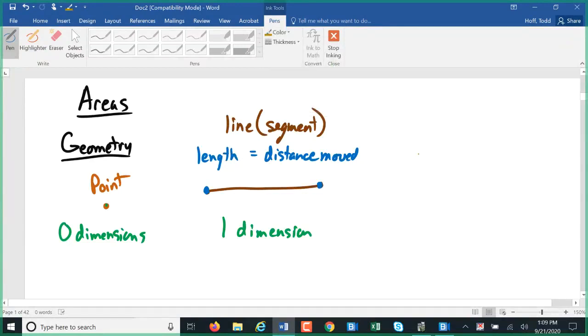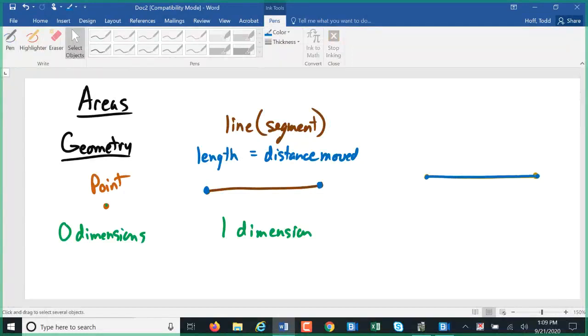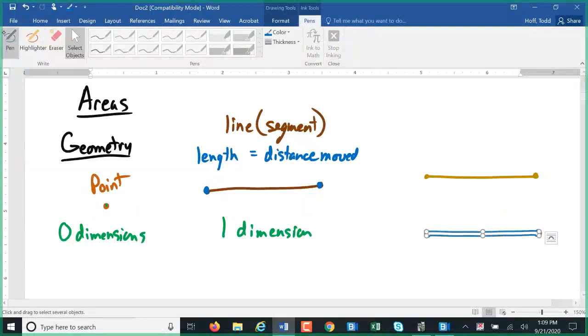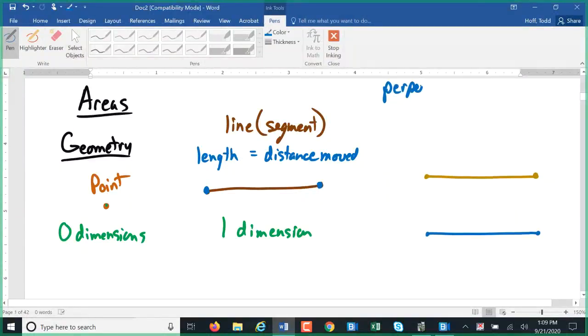Now we can take that line segment and we can move it again in a second direction. Now, the second direction has to be something they call perpendicular. That means it's at a right angle to that original direction.